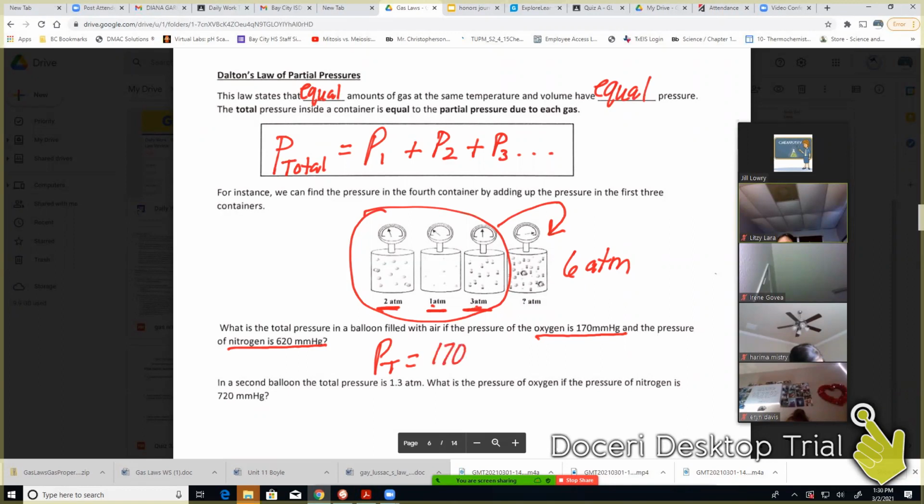So 170 millimeters of mercury plus, for my nitrogen, 620 millimeters of mercury. So when I add those together, I'll get my total pressure, 790, and then our units are millimeters of mercury. Notice that neither 170 nor 620 had any places behind the decimal, so my answer also wouldn't have any places behind the decimal.